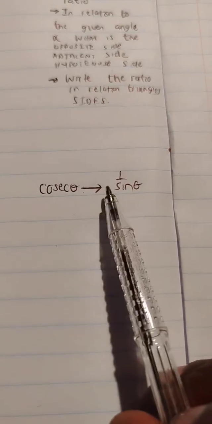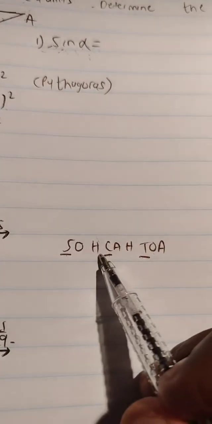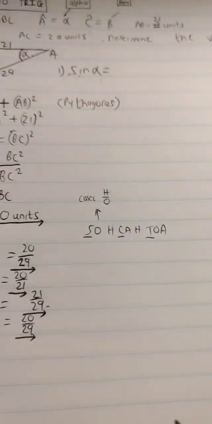Let's say we're just talking about theta as a general acute angle. Cosec is simply the inverse of sine. In other words, if sine is opposite over hypotenuse, then cosec is going to be hypotenuse over opposite.